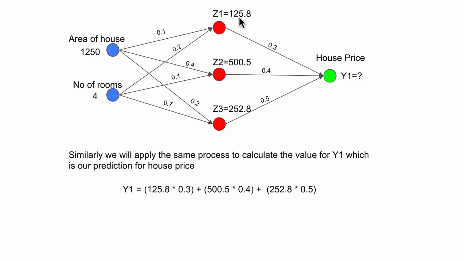Firstly we are going to multiply this 125.8 with this 0.3, and then we are going to take the value of Z2 and multiply it with 0.4, and then this Z3 and multiply it with 0.5, and after calculation we will get the value for this Y1. So the value for this Y1 is 364 and this is actually the prediction for house price.